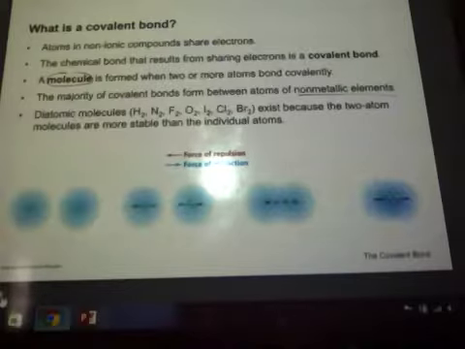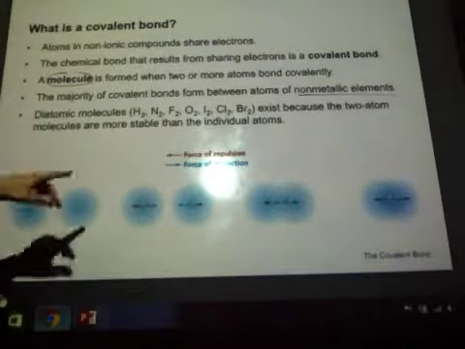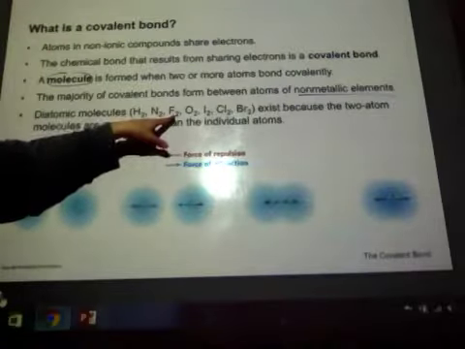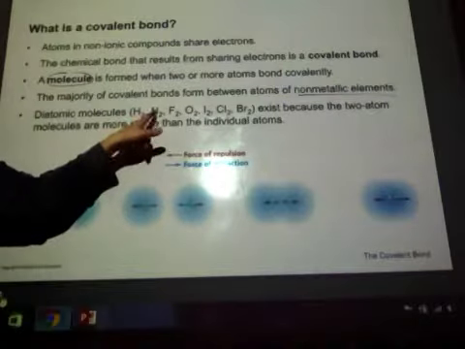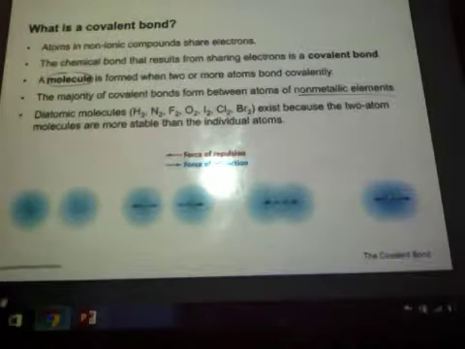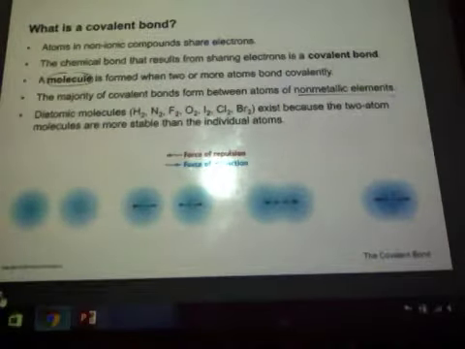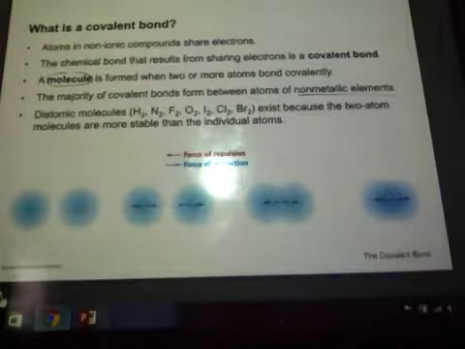The oxygen that you breathe is O2. Nitrogen gas is N2. Fluorine is also in group 7. So everything in group 7, hydrogen, nitrogen, and oxygen are the main diatomic molecules that we'll look at.